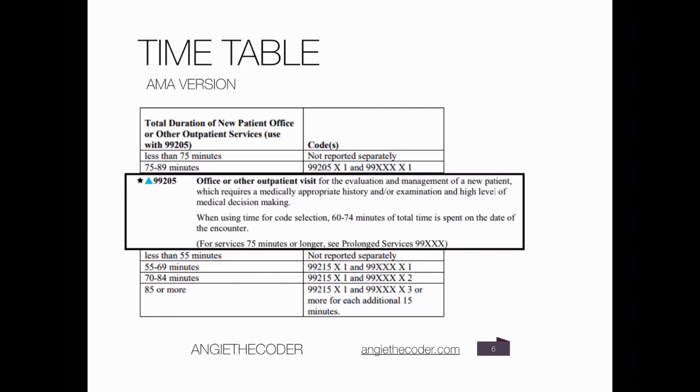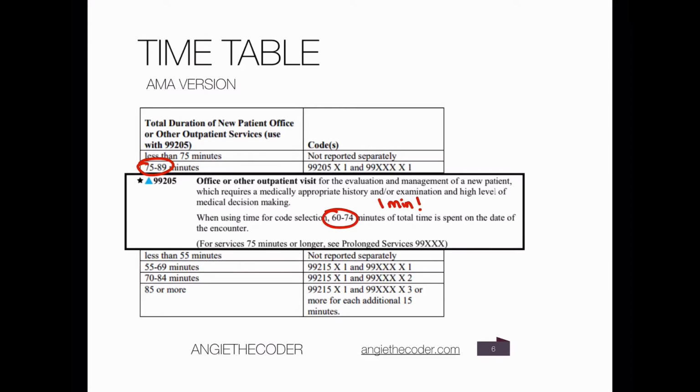But if you look at the table to bill 99205 plus 1 unit of the prolonged service code 99XXX, you only have to meet a threshold of 75 minutes. That's it, just 75 minutes. And 75 minutes is just 1 minute more than 74 minutes.